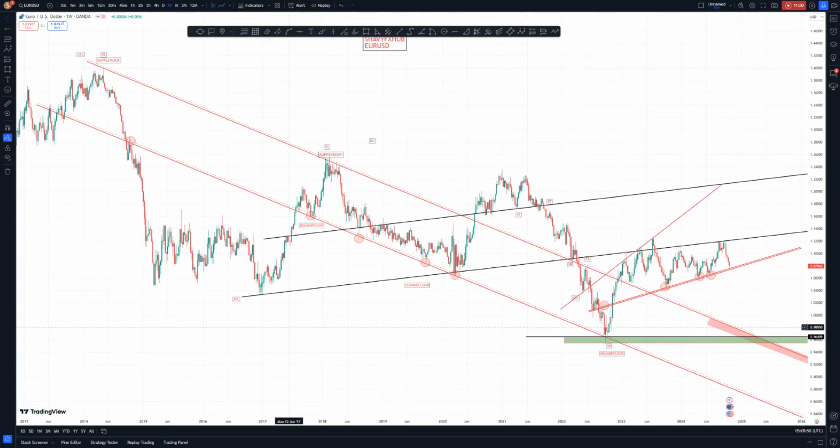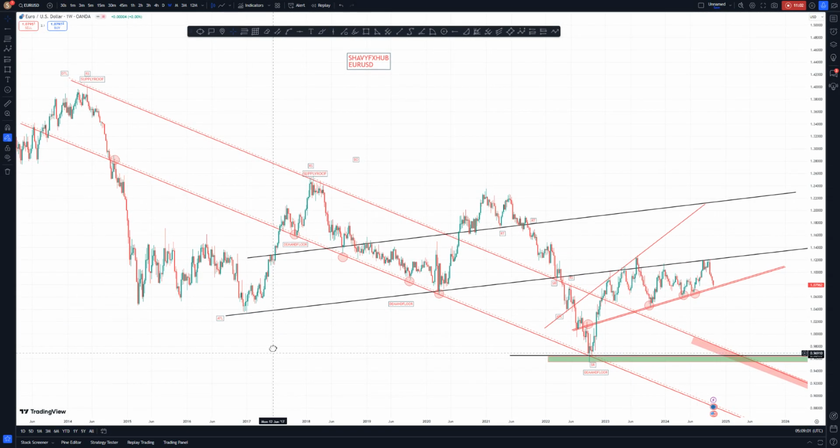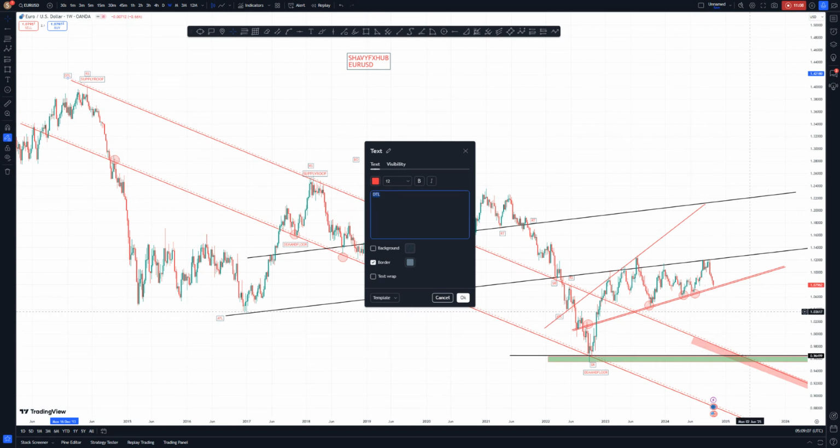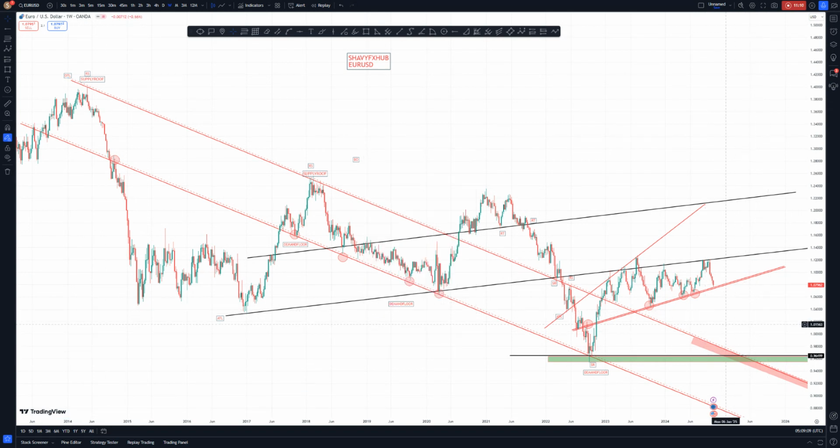EUR/USD might see a push from where we have price. You can see the structure, and let's see if we can find more buy parameters to favor Euro.